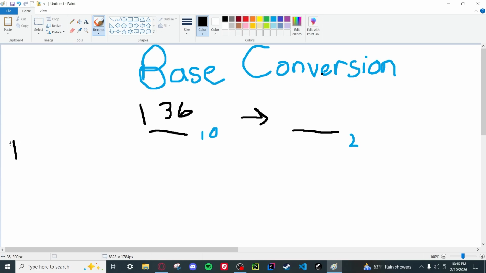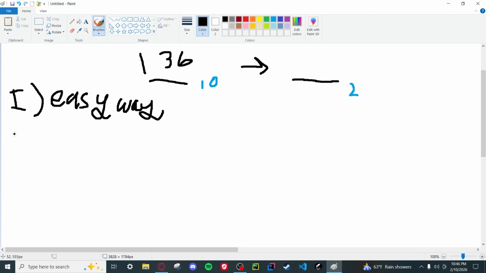There are two ways to go about this. The first way, I don't know if there's even a name for it. I just call it the easy way. It's the way I want you to use on the test. And then there's way 2, which is integer division.